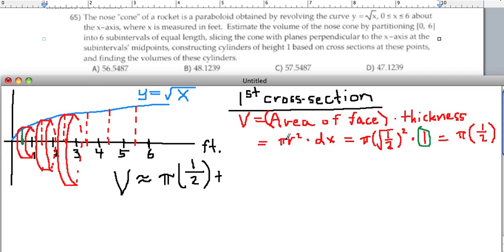The pi is always going to be in there. The only thing that changes with each of these cross sections is the radius. And as you notice, there are 6 cross sections, and the height of each is just the next halfway point on the interval. The halfway point between 1 and 2 is 3/2. So the radius of the second cross section is the square root of 3/2, and then when we square that, we're just going to get 3/2.